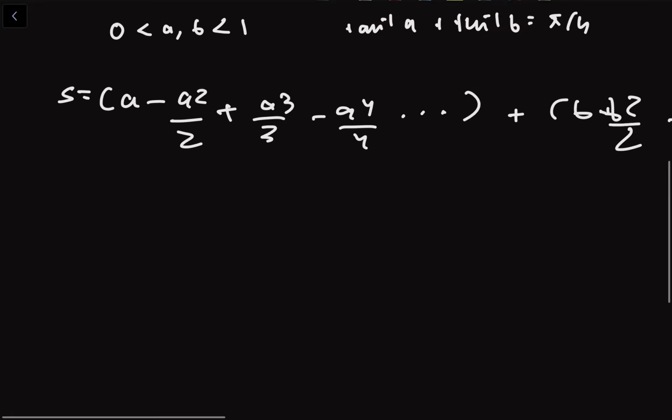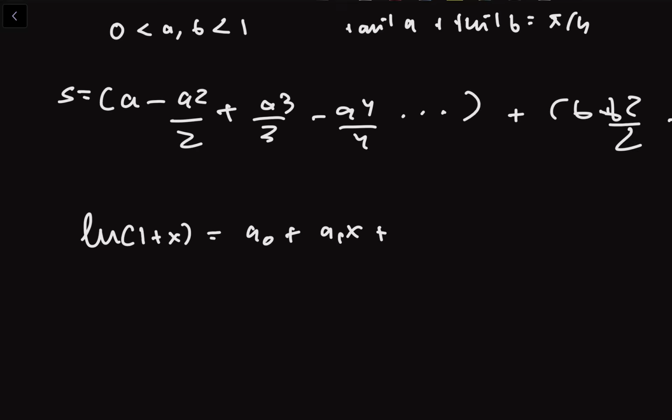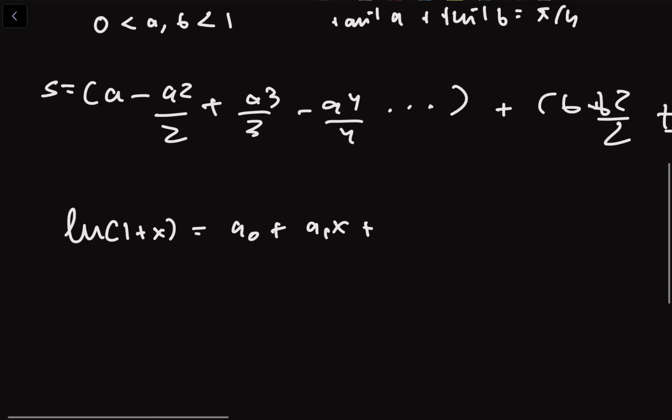Now let's look at a Taylor approximation of a certain value, right? So let's try to see what ln 1 plus x can be written as in Taylor's form. Taylor's theorem says that every non-rational function can be expressed as a polynomial.